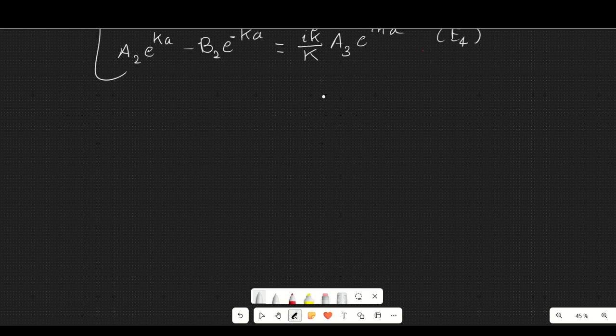There we have k divided by K times a2 plus b2.